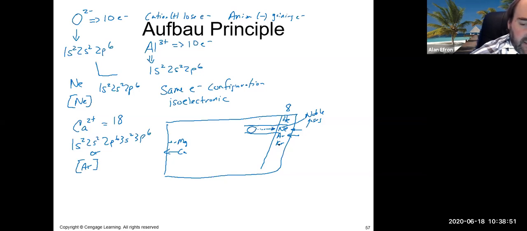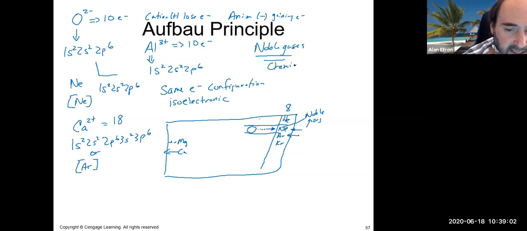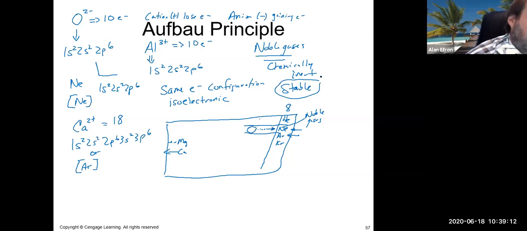And there's a significance to this because the noble gases, which are group 8, are what are sometimes referred to as being chemically inert. They're extremely stable. And noble gases is essentially what everybody tries to achieve.